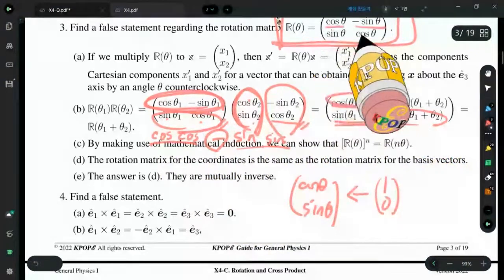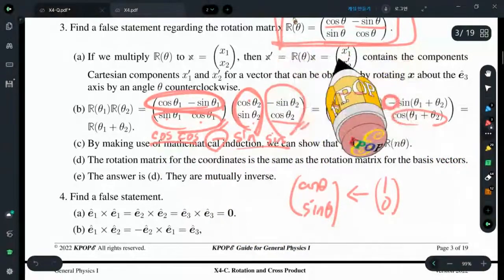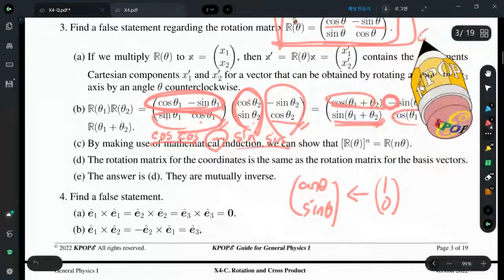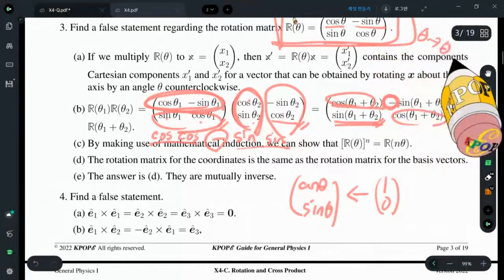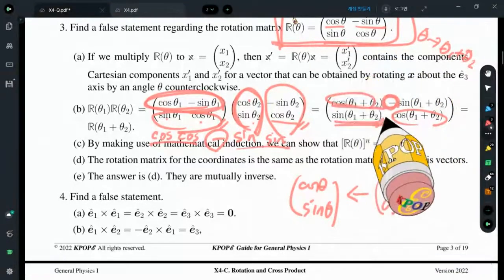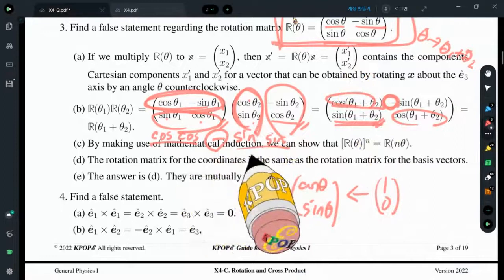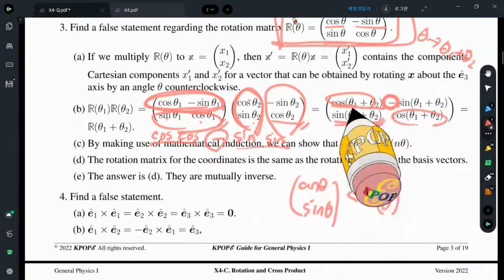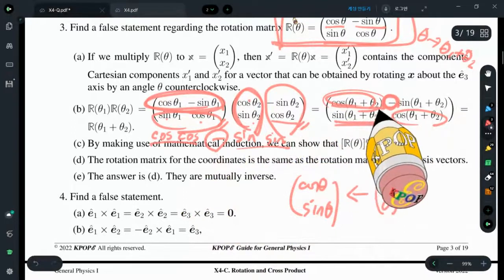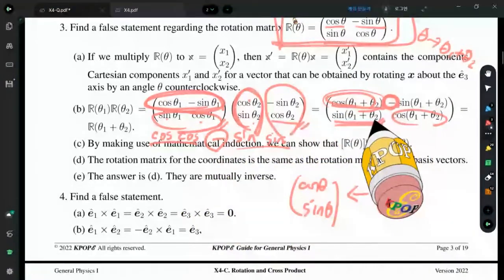So still the shape of this matrix is the same, except that we have replaced this theta with theta 1 plus theta 2. This is one way to prove the trigonometric identity for cosine alpha plus beta and sine alpha plus beta.